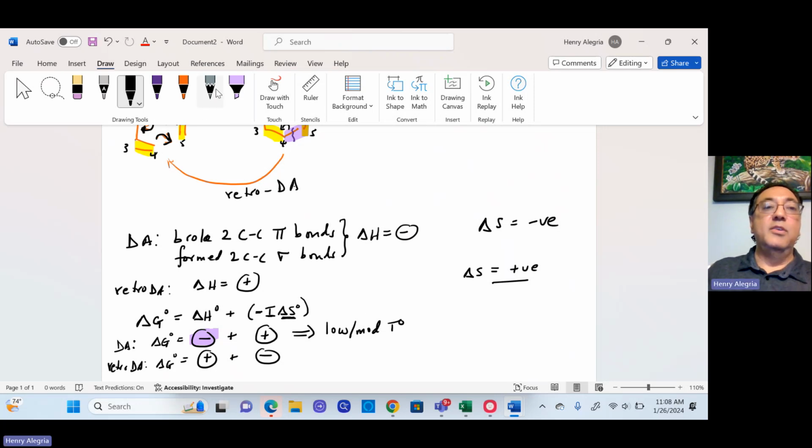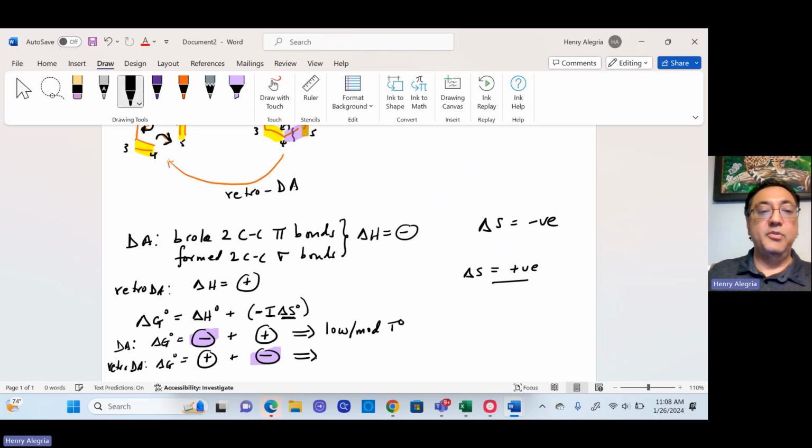If I want in the retro Diels-Alder my delta G to be negative, then what I want is for my entropy term to be bigger than the enthalpy term. Entropy is favored by high temperatures.